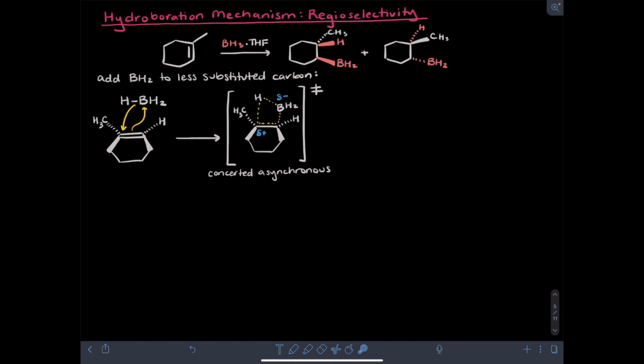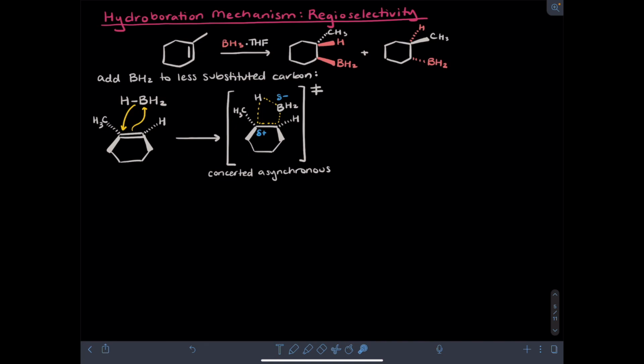So, these bonds are breaking and forming all at the same time, so I can call this step concerted, but the extent to which they're breaking and forming differs. The carbon-boron bond forms faster than the carbon-hydrogen bond. Because these bonds are forming to different extents, I would call this asynchronous in terms of the bond formation.